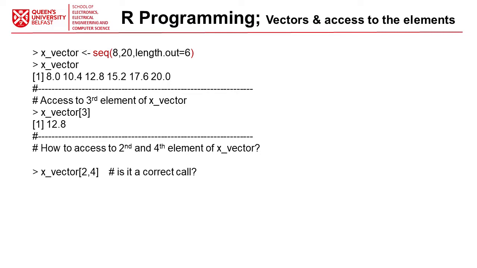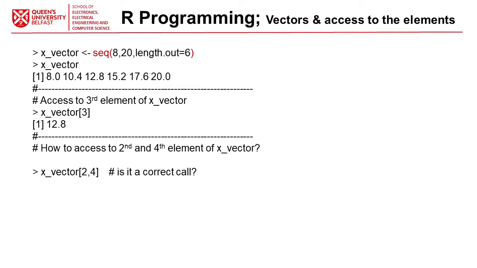Next one. Again, I'm going to use seq, or sequence, from 8 to 20. length.out is the parameter that, as soon as you write length dot out and press tab, provides you the rest of the parameters, and you put in 6. So 8, 20, 6 are the input parameters.